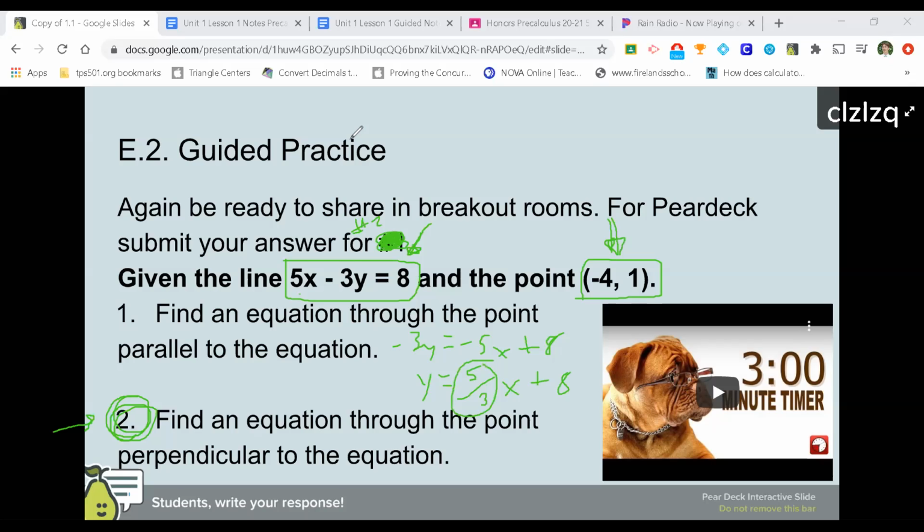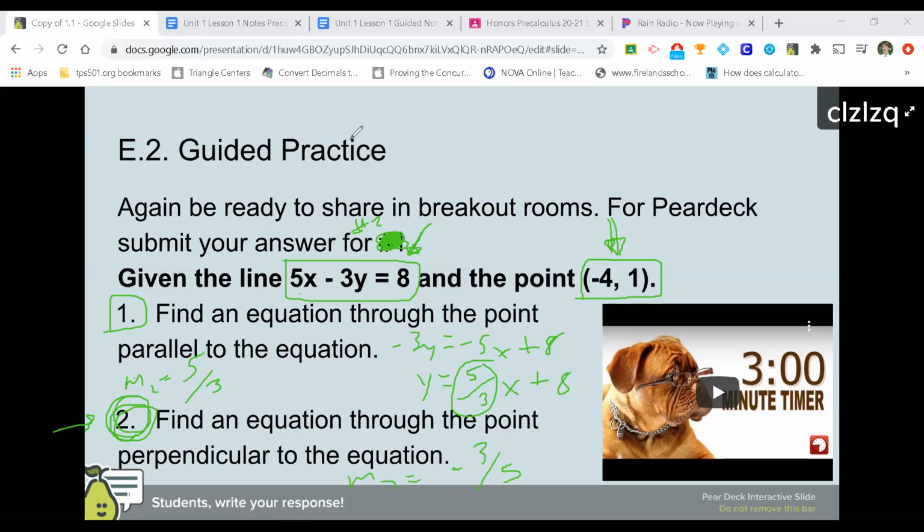For your equation for number 1, that should be your slope, right? Your new slope should be 5/3 as well, because they have the same slope. For number 2, it should be negative 3/5. Flip it and change the sign. Flip it and change the sign. Okay?